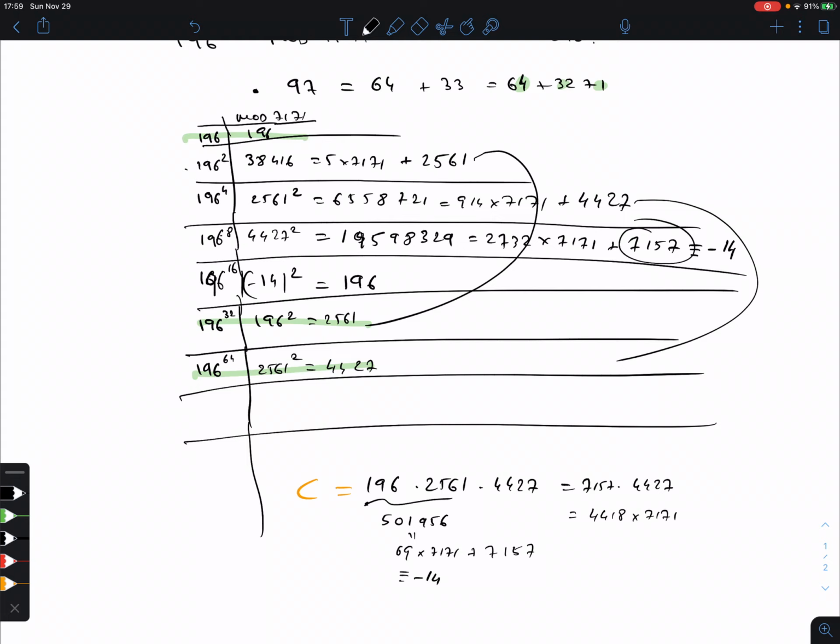And that seems to be plus 2561. Now, that gives me one sec. What is the power that I'm doing? 97, right?